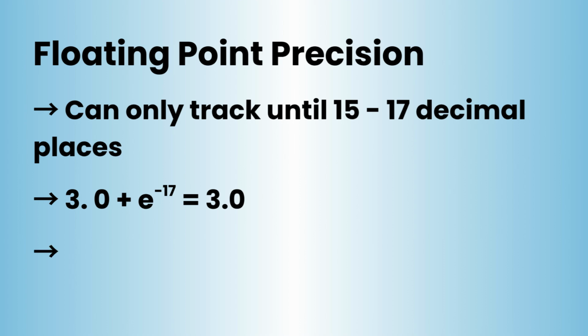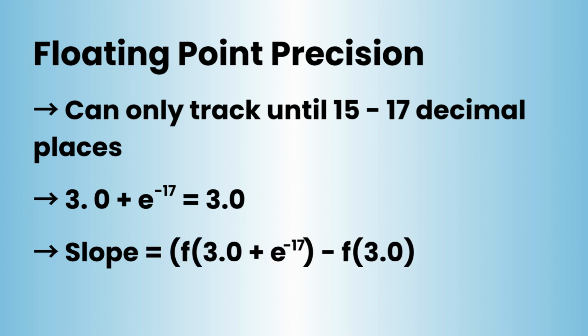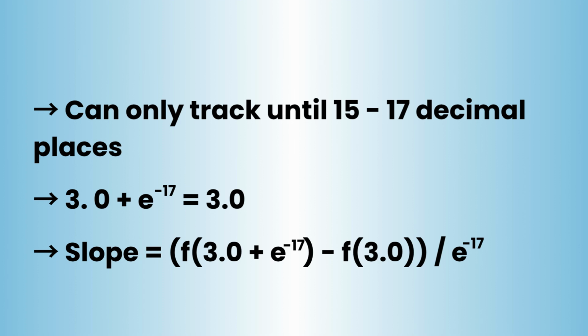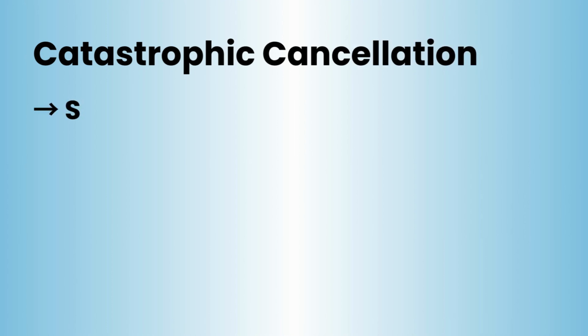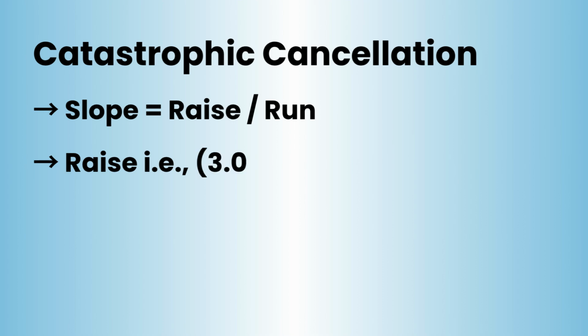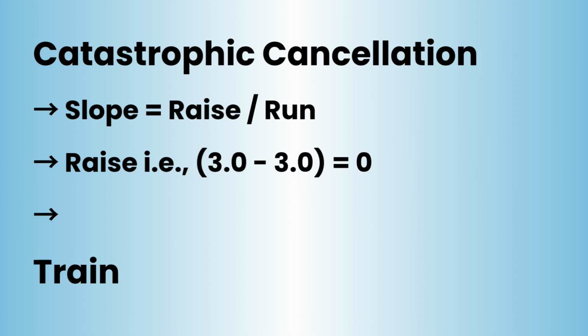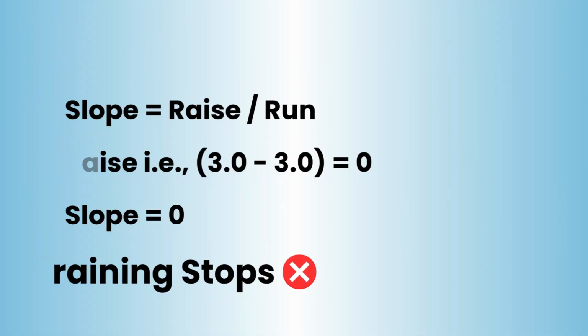When the code subtracts the old height from the new height, it calculates f of 3.0 minus f of 3.0, which becomes 0. This triggers an engineering bug called catastrophic cancellation. The numerator becomes exactly 0. Your rise is 0 and your slope is 0. Your AI is broken.